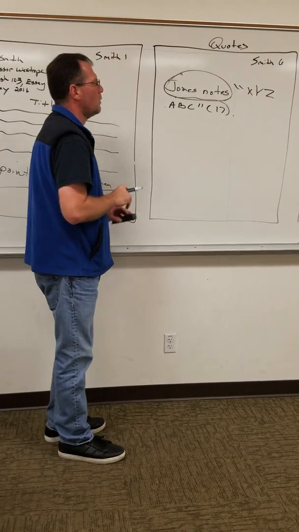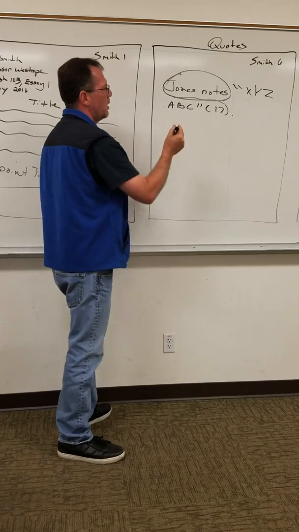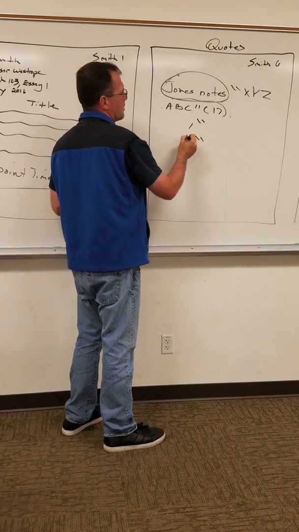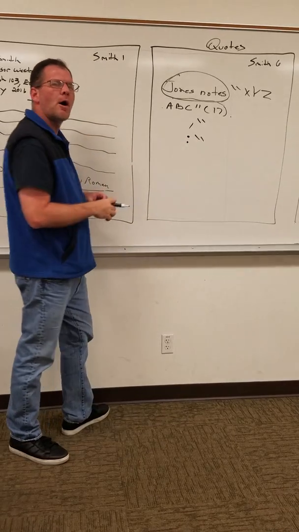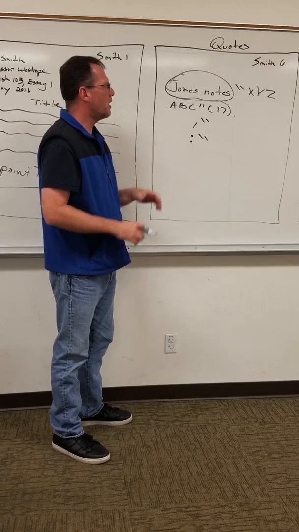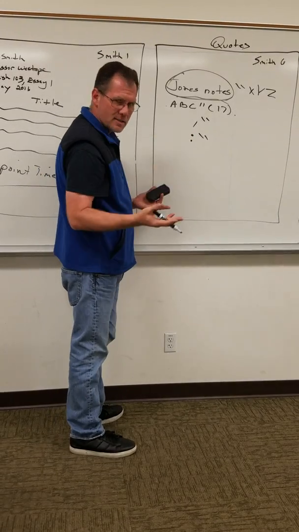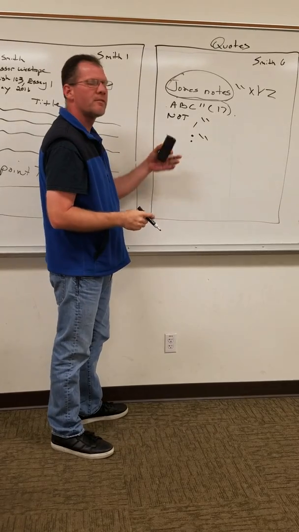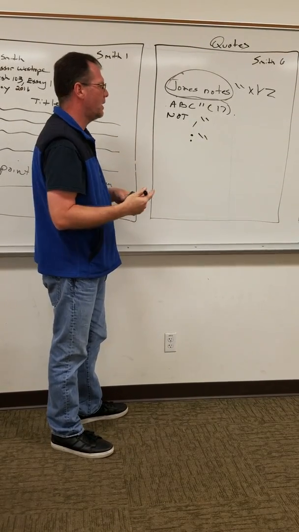Now, before the quote, you're going to either use a comma or a colon to introduce it. You'll use a comma if the signal phrase is not a complete sentence. You use a colon if the signal phrase is a complete sentence.